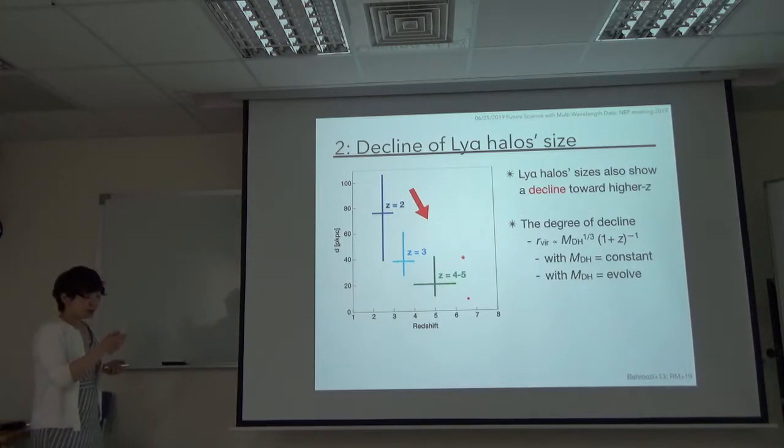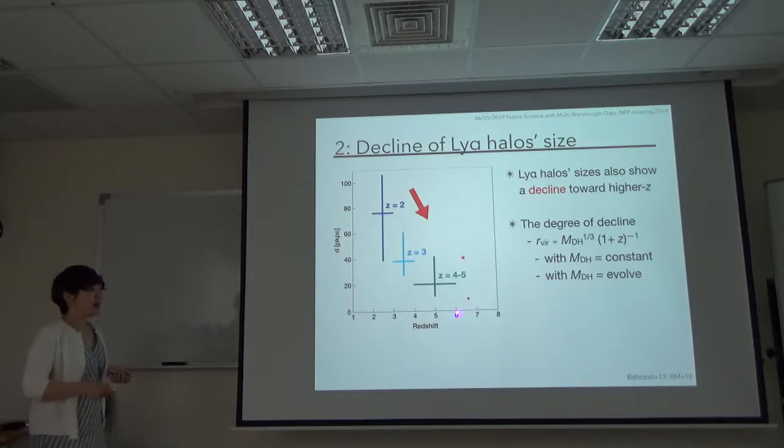So we also checked this scenario by assuming two models. One is that the dark halo mass of the quasar's host dark halo is constant over redshift. The other model is that the dark halo mass evolves.